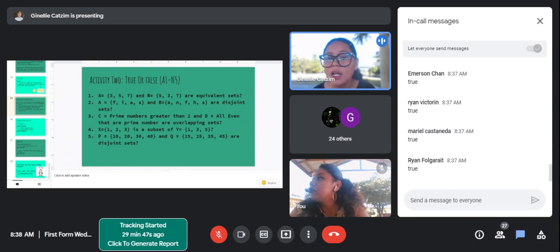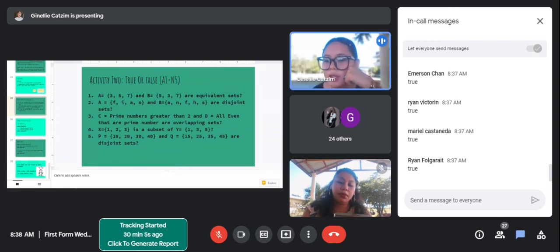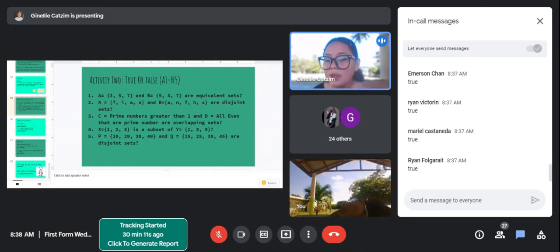And this is all even numbers that are prime. But the only even prime number is 2, right? Am I correct? Right? So do they have an element in common? No, right?